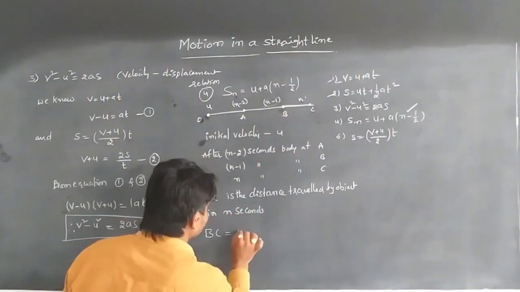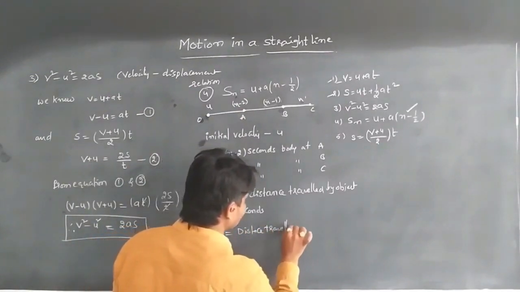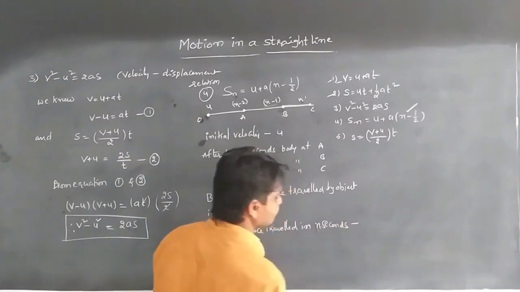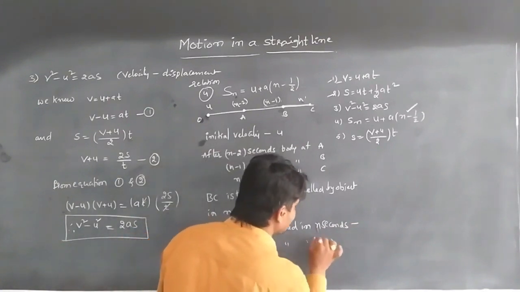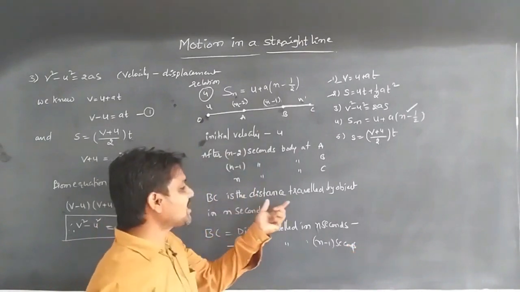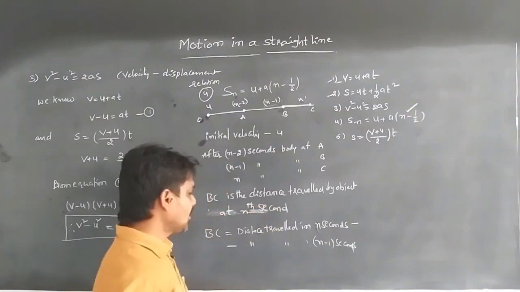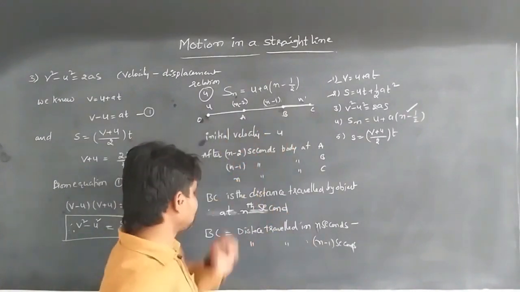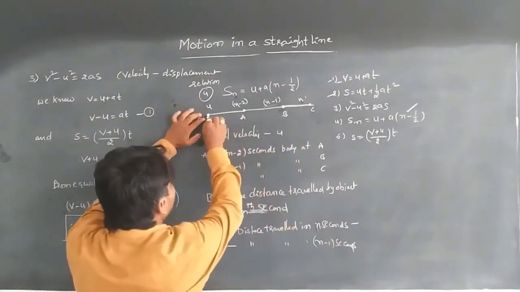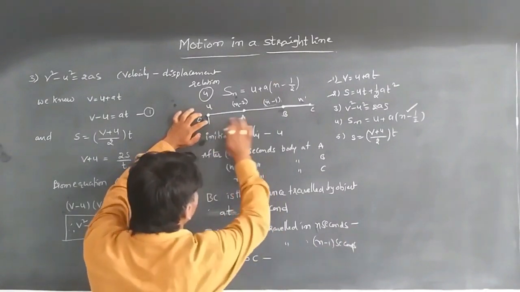So we can get the distance travelled in n seconds minus the distance travelled in n minus 1 seconds. Don't be confused: BC is the distance travelled by the object at the nth second, and the distance travelled in n seconds is the total distance. So BC is equal to the distance travelled in n seconds minus the distance travelled in n minus 1 seconds, that is OC minus OB.